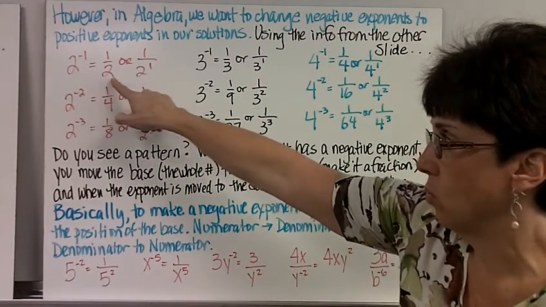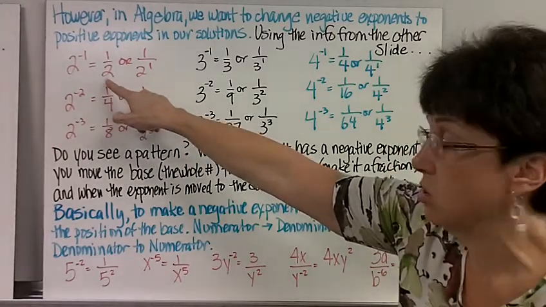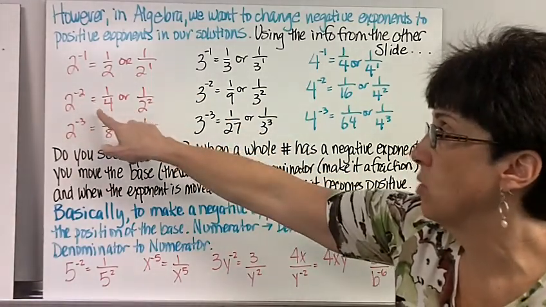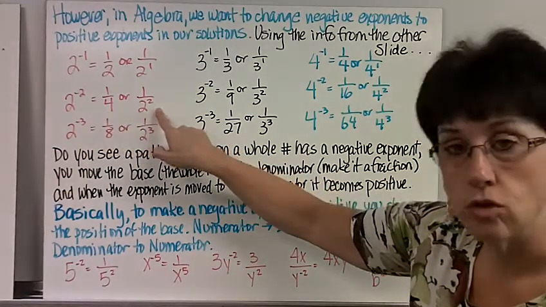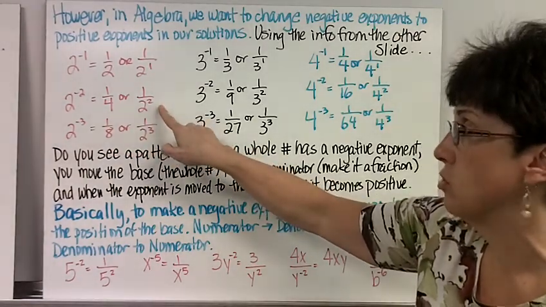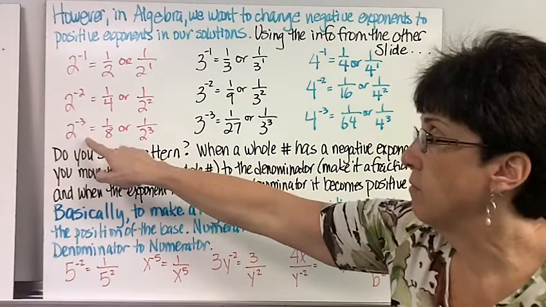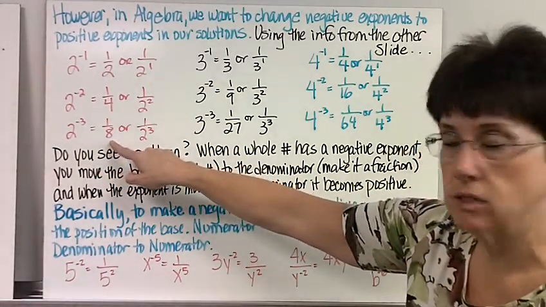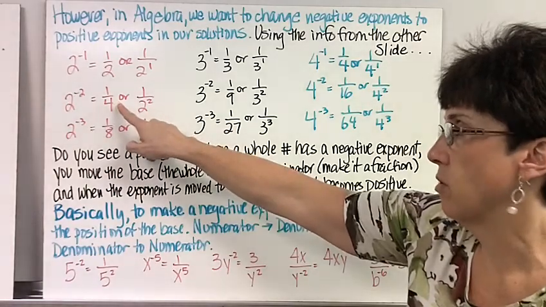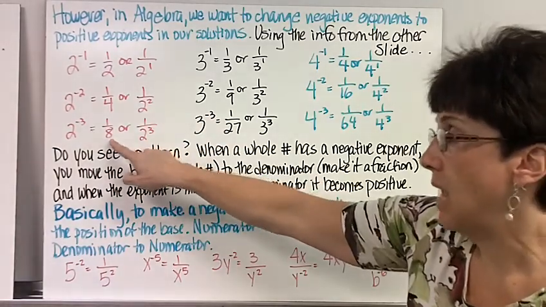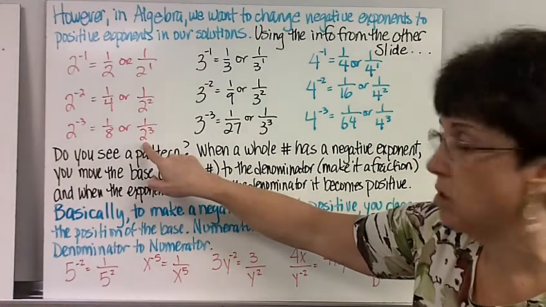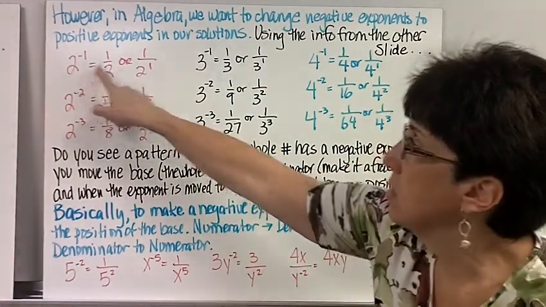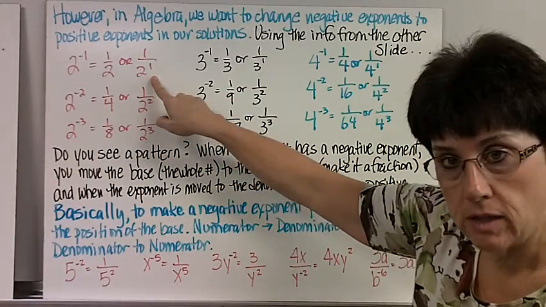Well, we could say 2 is the same as 2 to the first. 2 to the negative 2 power is 1/4, but 4 is also 2 squared, so it could be 1 over 2 squared. 2 to the negative third was 1/8. We didn't write that on the other one, but it makes sense, right? If we divide 1/4 by 2, we get 1/8. But 8 could be rewritten as 2 to the third. So we can rewrite our negative exponents in the denominator with a positive exponent.